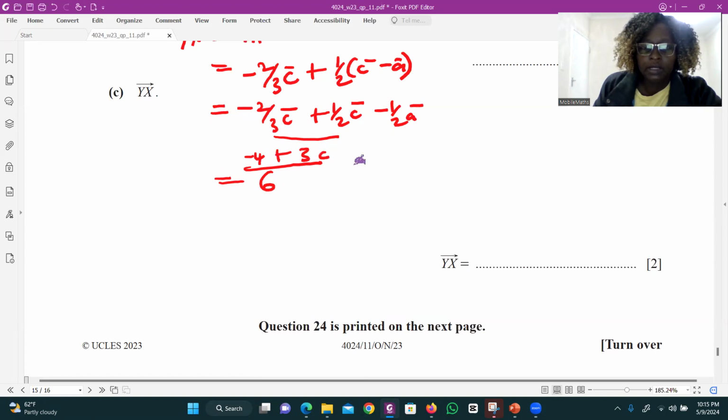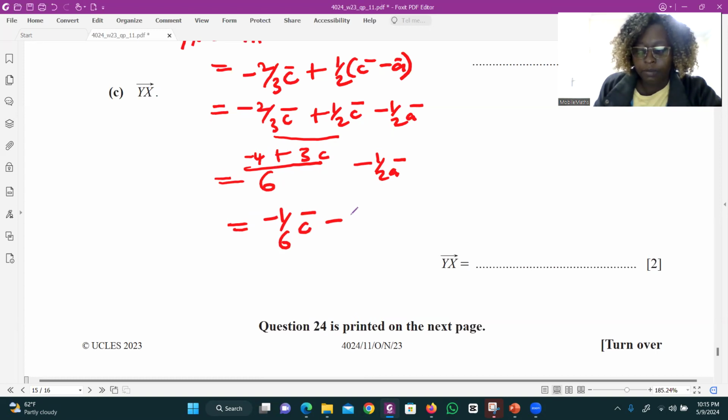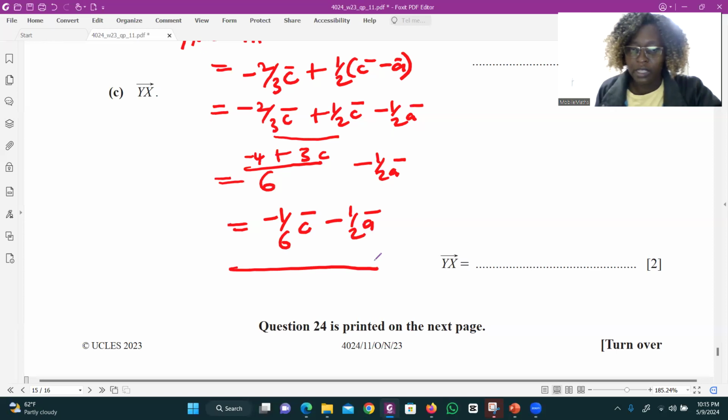So these are over 6, then minus half A. Minus 4 plus 3 C is minus 1 over 6 C, then minus half A. So that's our final answer there.